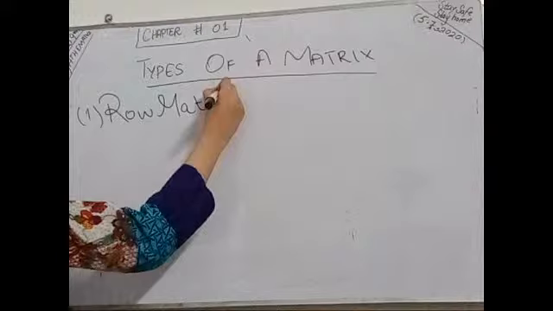But how many columns are there? 5. So this is a row matrix. A matrix should have one row to be a row matrix. A row matrix is a matrix that has only one row. Now our next type of a matrix is column matrix.